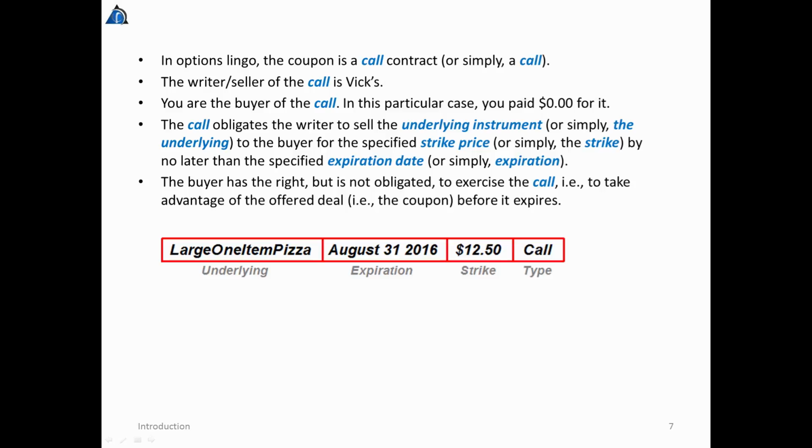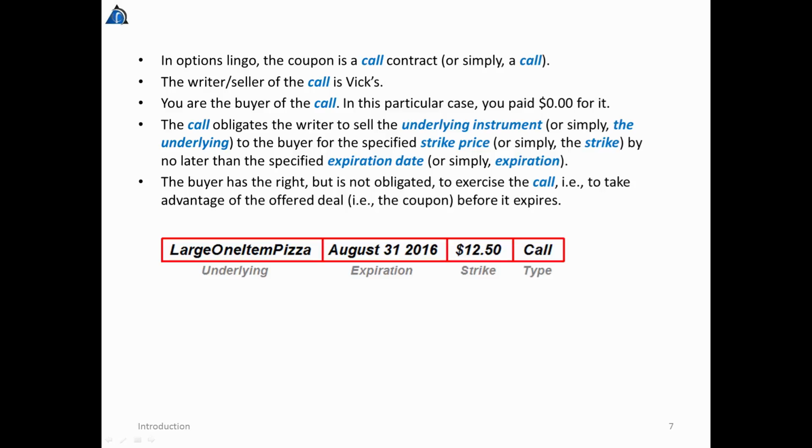So Vic's, the writer of the call, is obligated to sell the underlying to the buyer for the specified strike price, the deal price, simply referred to as the strike, and is obligated to do so by no later than the specified expiration date, which is simply referred to as expiration.